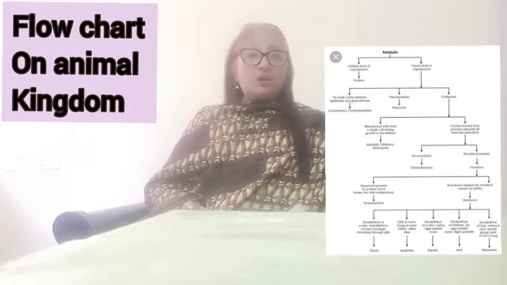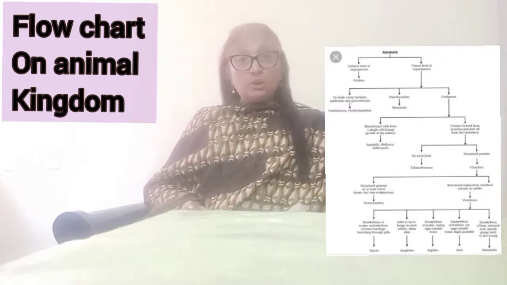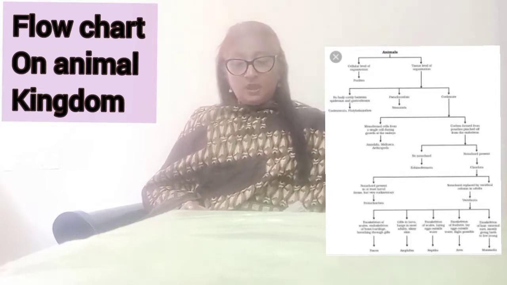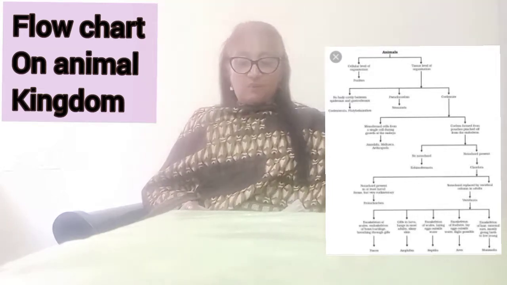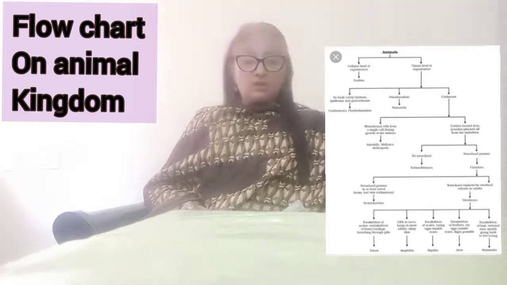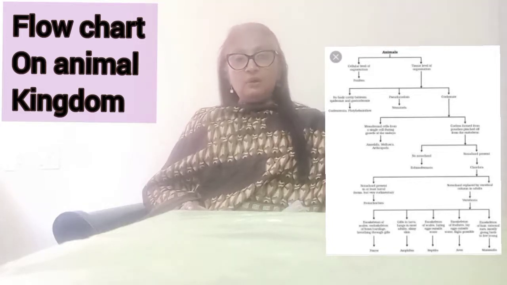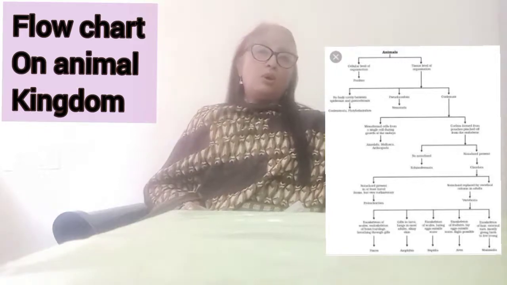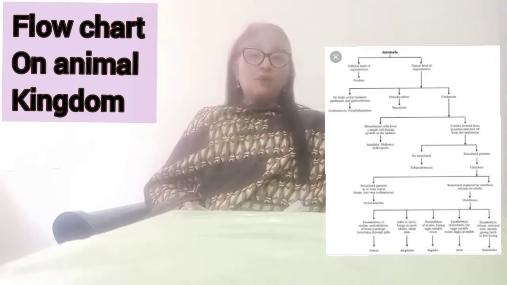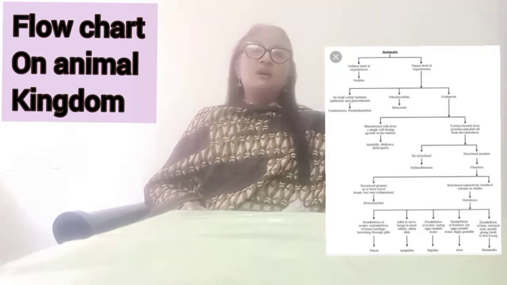Now under Chordata again, notochord present in at least larval forms, but very rudimentary, under that group comes the Protochordata, and notochord replaced by vertebral column in adults, under this comes the Vertebrata.